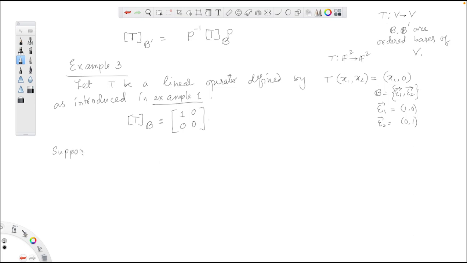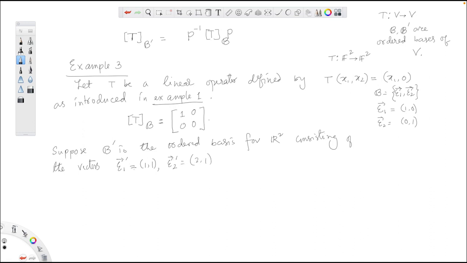Suppose B prime is the ordered basis for R2 consisting of the vectors epsilon 1 prime equal to (1, 1) and epsilon 2 prime equal to (2, 1).